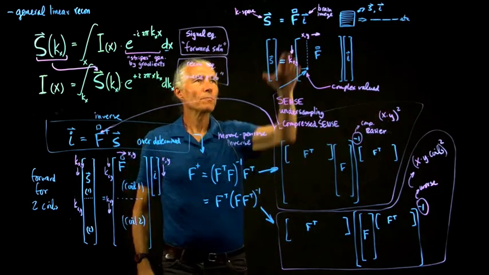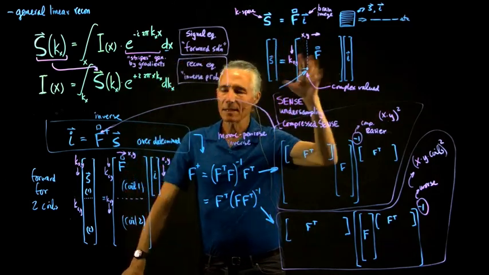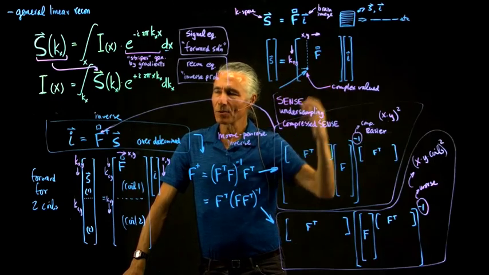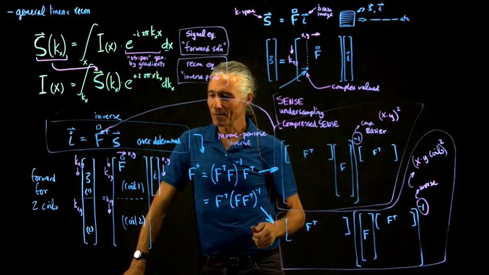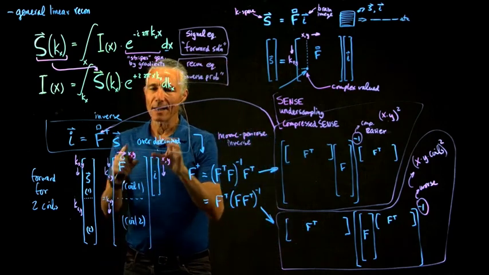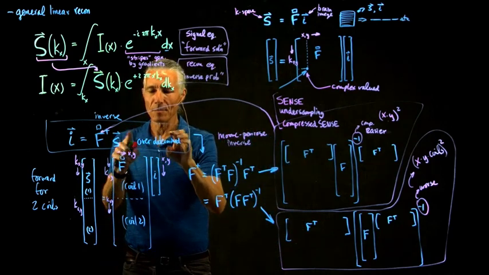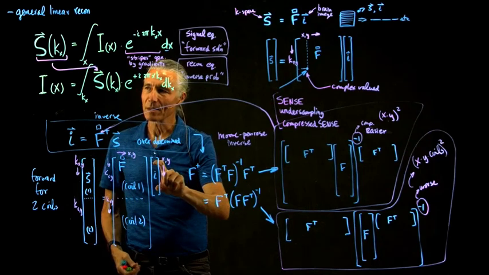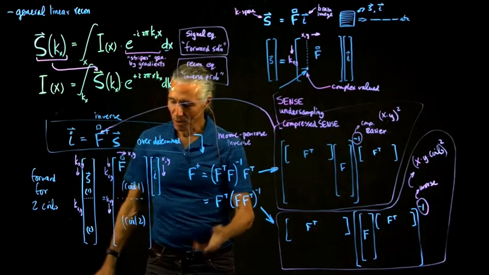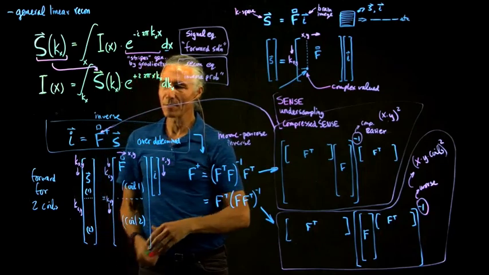Once you phrase it this way, it's basically a linear inverse problem, and there are a lot of tools for dealing with these problems because they're used in all different kinds of fields. It's actually an overdetermined inverse because we have more data than we're trying to reconstruct. That's a good thing. The more coils, the more overdetermined it is.